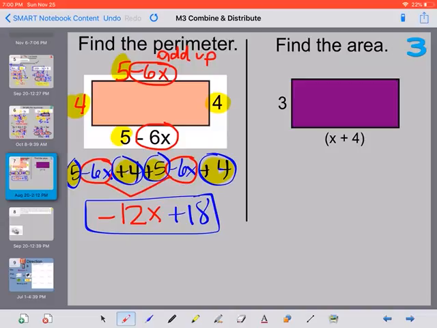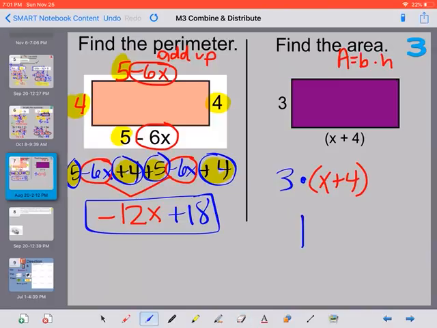Our last piece says find the area. Remember, area is base times height. So we're taking our base, x plus 4, and we're multiplying it by the height, which is 3. It doesn't matter if the 3 is out front or in the back, it's multiplied, it's touching.